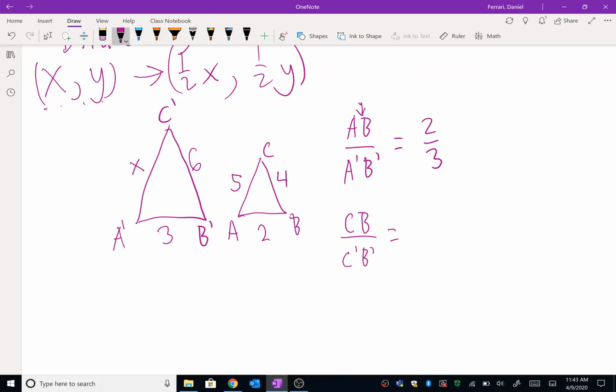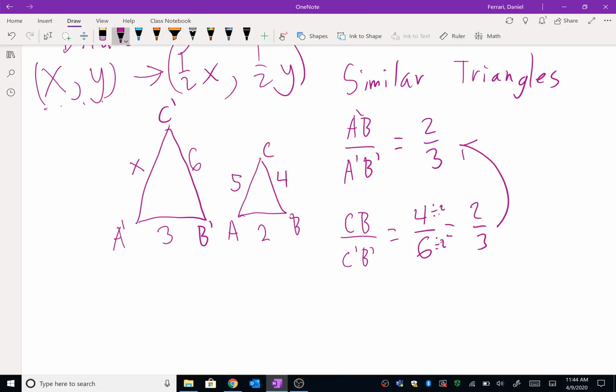If I match that, that is going to be 4 over 6. And if you're paying attention, you can reduce this 4 and this 6 by dividing both of them by 2, and I end up with the exact same ratio of 2/3. These ratios always hold because of similar triangles.